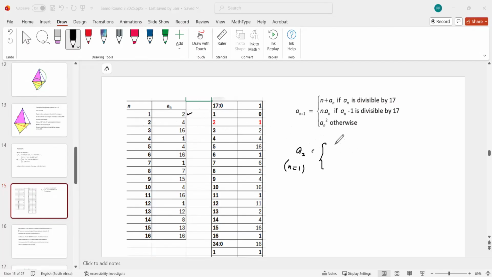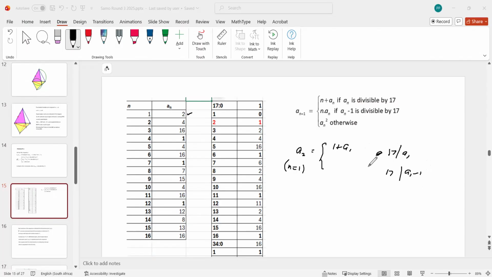So you have to look at whether a_1 is divisible by 17 or whether a_1 minus 1 is divisible by 17. And if in either of these cases, you get two rules. And then if neither of these rules are satisfied, then you use the third one.